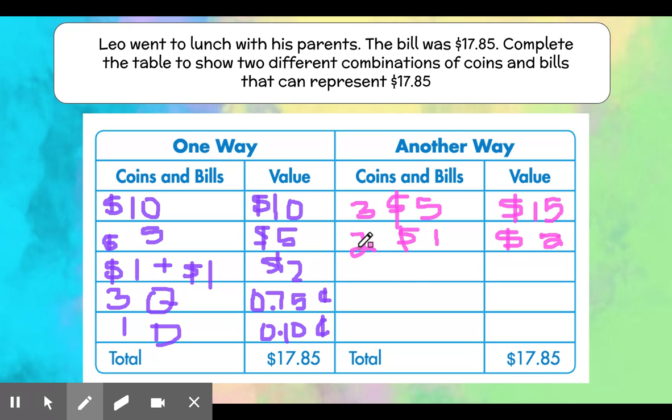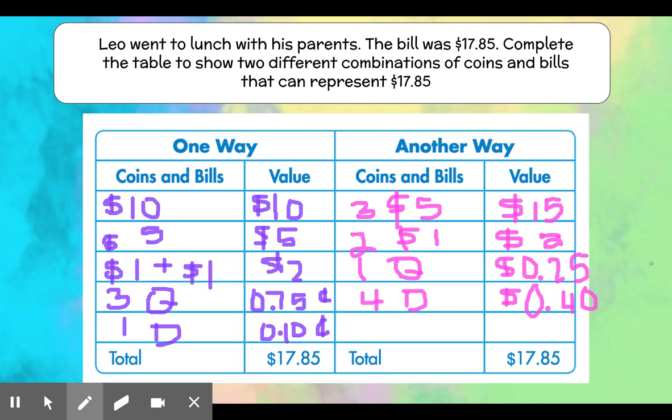So this time I'm only going to use 1 quarter, which is equal to $0.25. So I still have to get to 85 cents. So 25, 35, 45, 55, 65, 75, 85. That's 60 more cents. Well, I can use dimes. I'm going to use 4 dimes, which is equal to 40 cents. So if we add 40 and 25, we get 65.